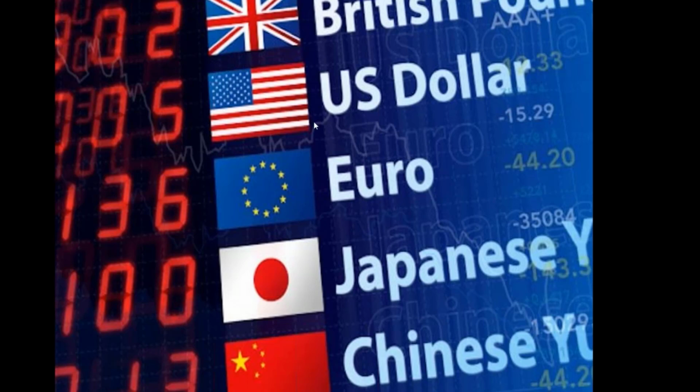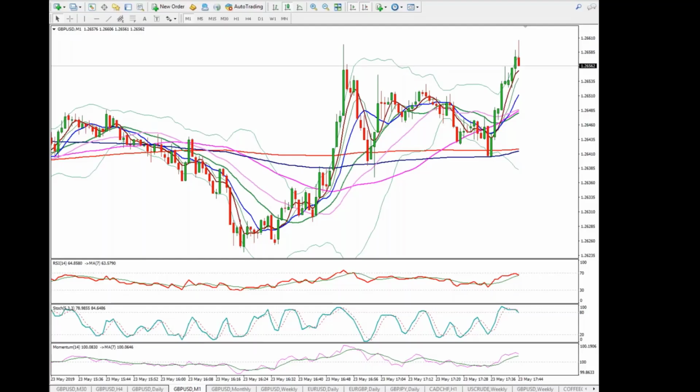So for example, sterling at the moment is trading at 126. Let's take a look. Let me just put you the screen of sterling against the US dollar. We put a 1 minute chart so we can see almost all moves. So 126.56, 57 at the moment.